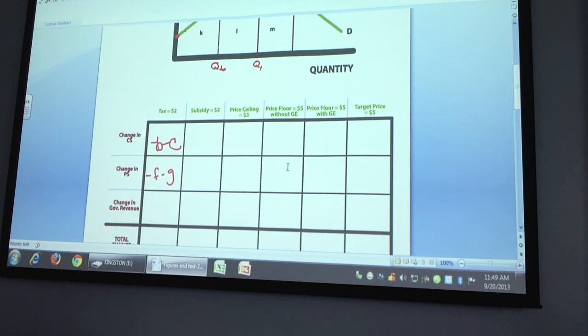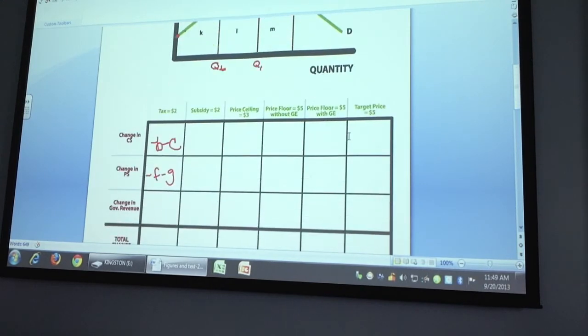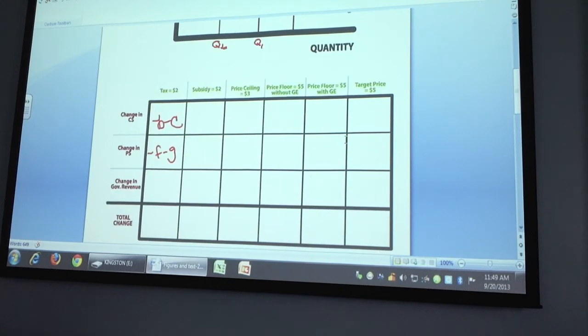Government. What are they getting out of this policy change? B and F. That's the tax revenue. So the change in government revenue is plus B plus F. The net change to society, if we add up all of the changes: minus B cancels with plus B, minus F with plus F. We're all done.